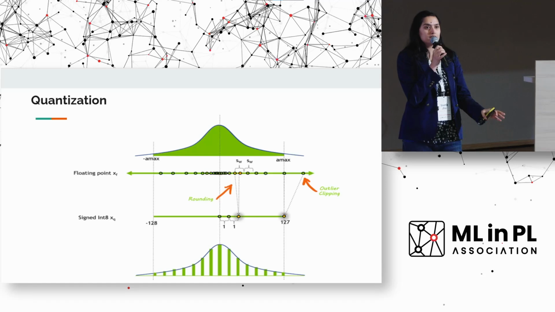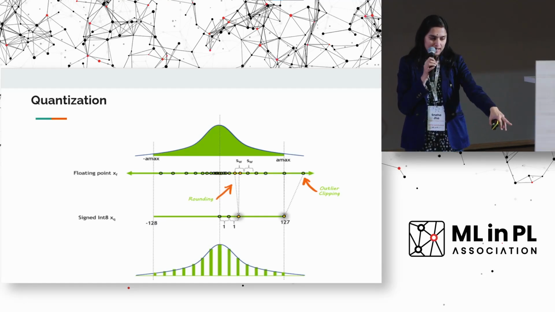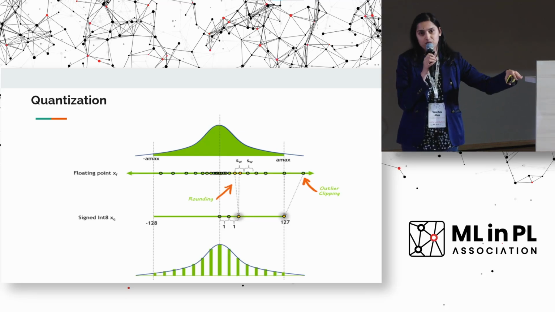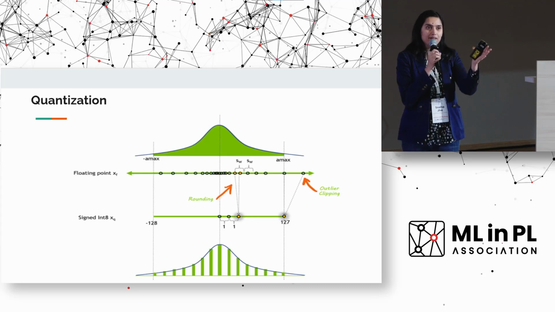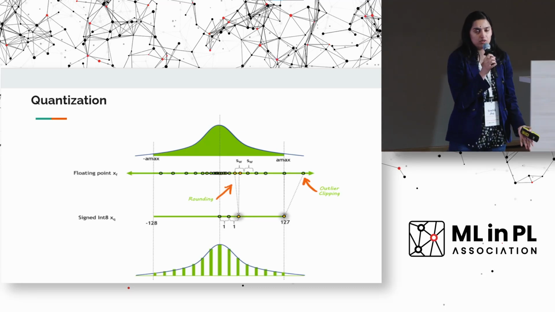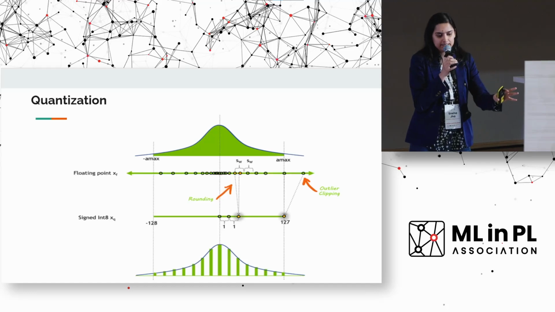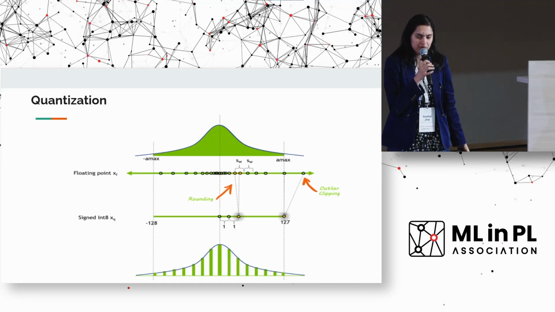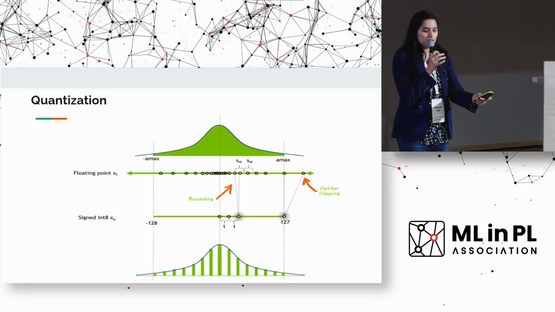Naive idea sometimes might work, but as you can see at the top, your floating point values are not distributed equally. So if you do a naive quantization, you will end up biasing your representation of numbers to things that are less and less likely to appear as a value. So this is broadly the idea of quantization.